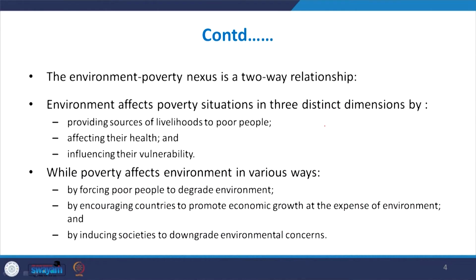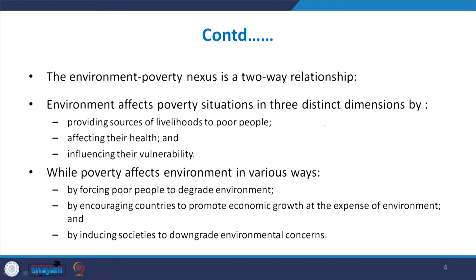Environment poverty nexus is actually a two-way relationship. Here environment affects poverty situation in three distinct dimensions by providing source of livelihood to the poor people, affecting their health and influencing their vulnerability.